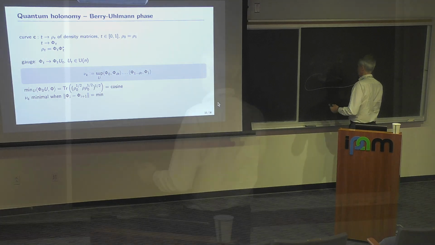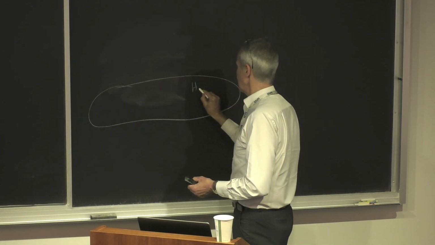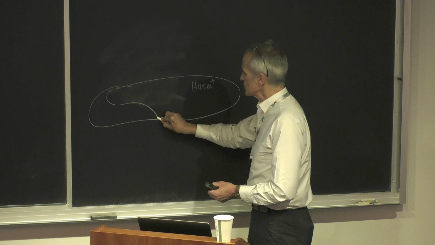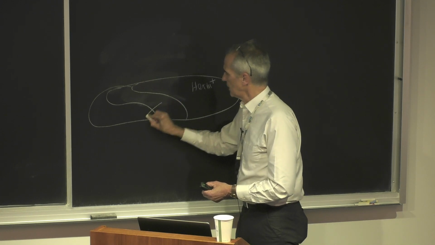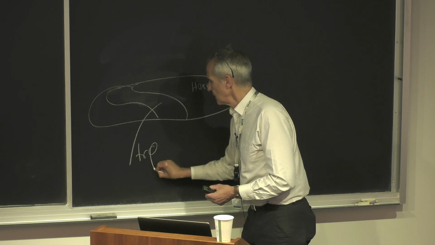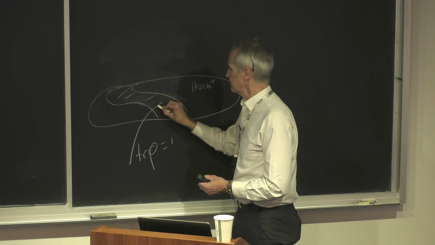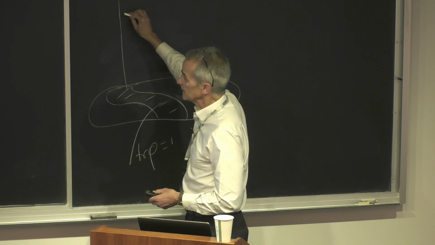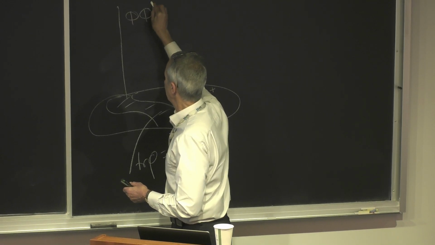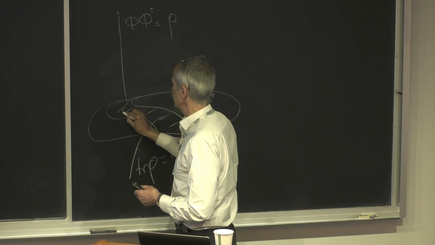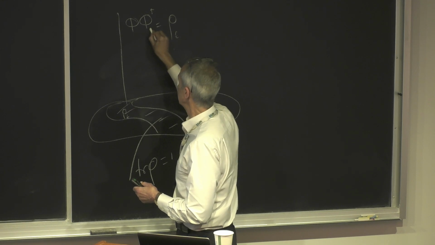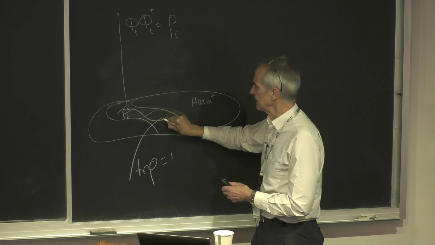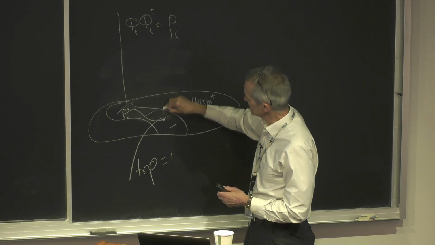So here, let's say, these are Hermitian positive definite matrices. We live in a much thinner set of matrices that have trace 1. And these are the density matrices. Regardless, we can look up on fibers. So over here we have phi dagger phi equal to the rho, and the rho sits down here below, rho t. And then you can have a curve here that gets you from some beginning to something else.